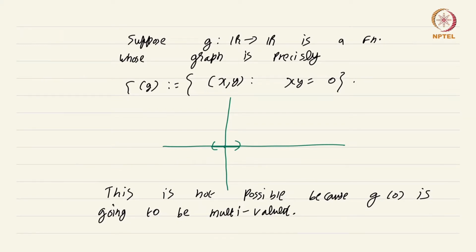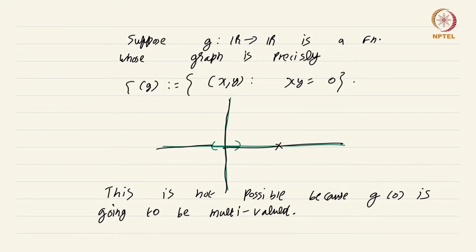It's very easy to define this function g away from 0. You just set g of x equal to 0, so that will give you this portion and this portion. But at the origin, you need to obtain this entire thing as the value of g of 0, which is nonsense. No such function exists.